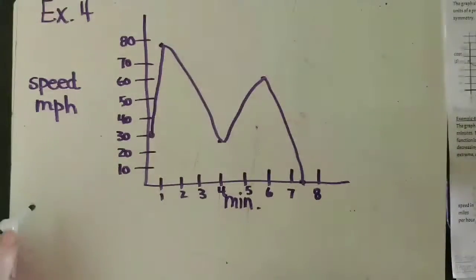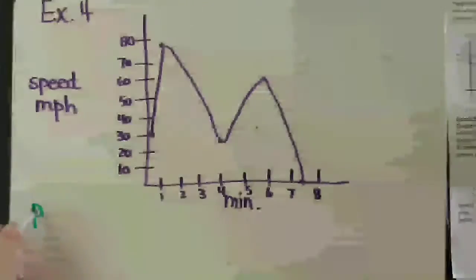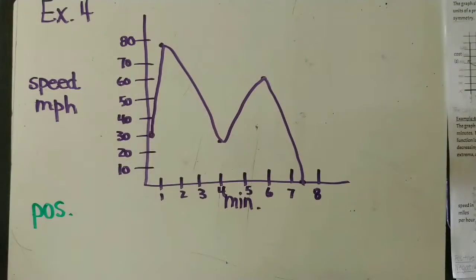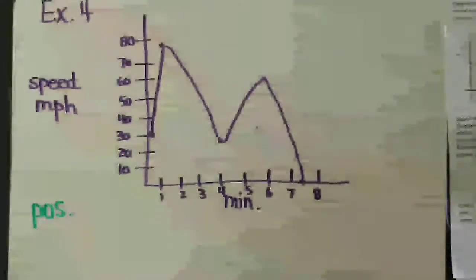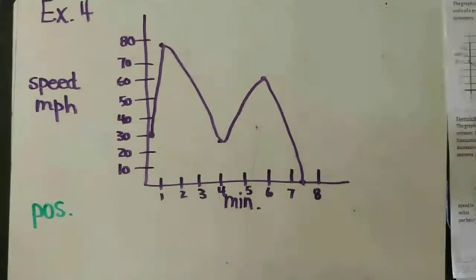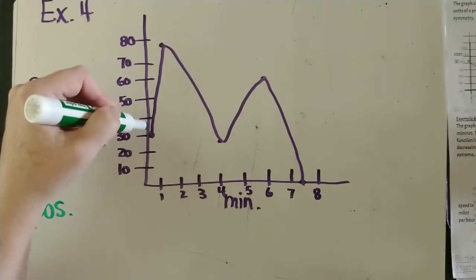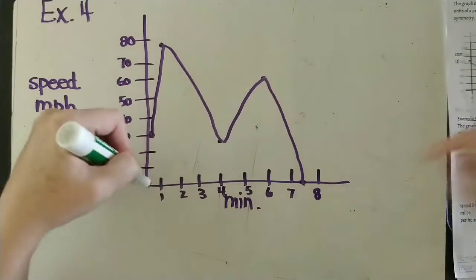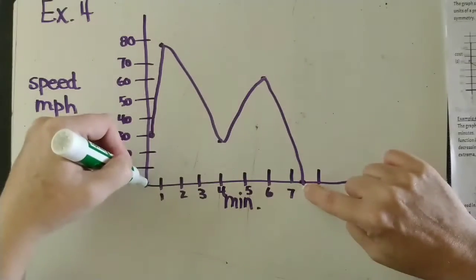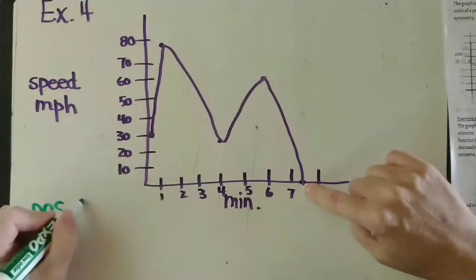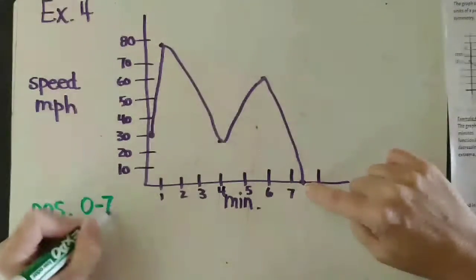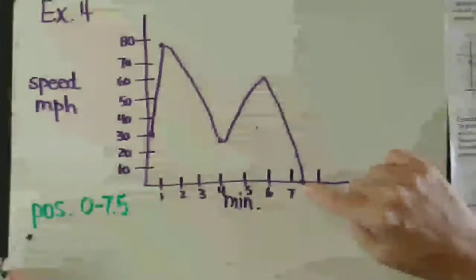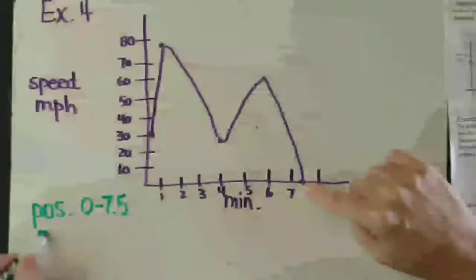So if you'd like to abbreviate, where's the positive part of this graph? When you look at this, it appears that everything is positive from about 0 to 7.5. And negative.